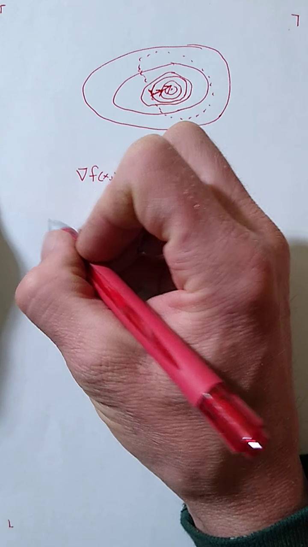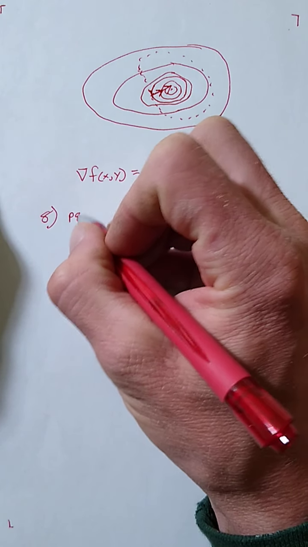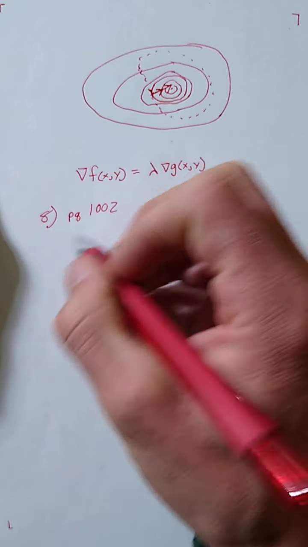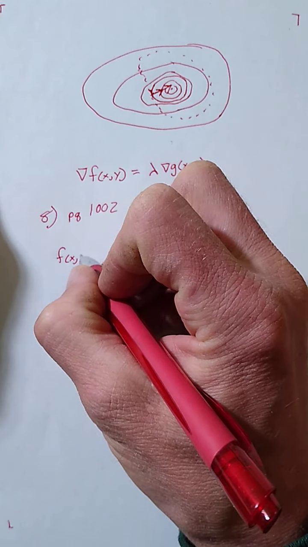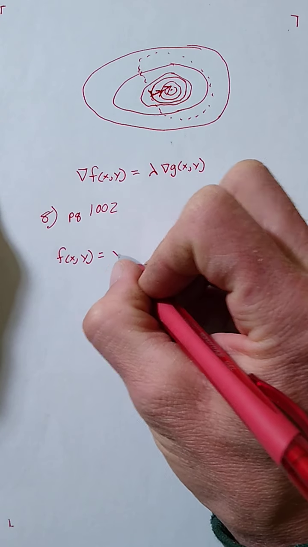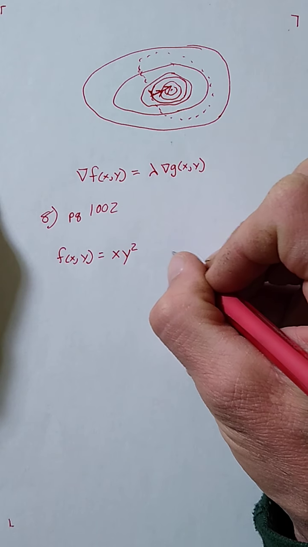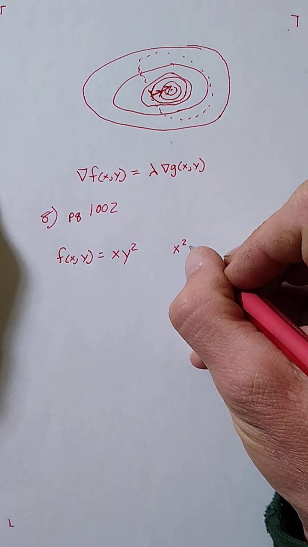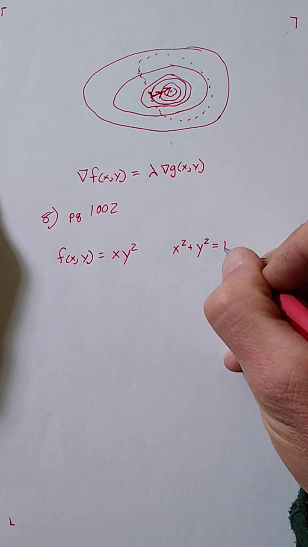On to number 8, page 1002. Okay. So this says we want to maximize f of x y equal to the product of x times y squared, subject to the constraint that we are on the circle x squared plus y squared, radius 1.